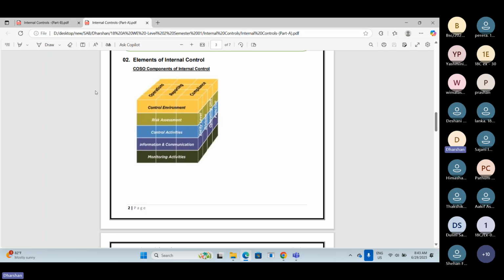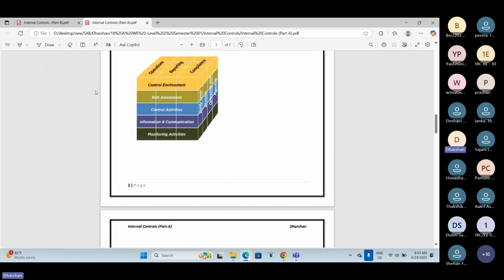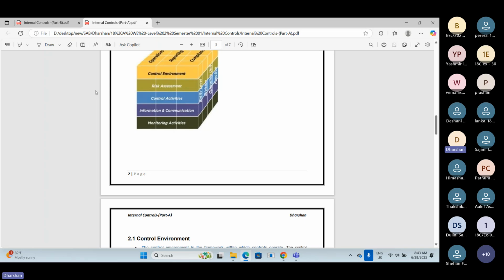Control environment. What is meant by control environment? This is the key element out of these five. Control environment is the environment in which controls operate. That's a simple definition. What are the points included in the control environment?